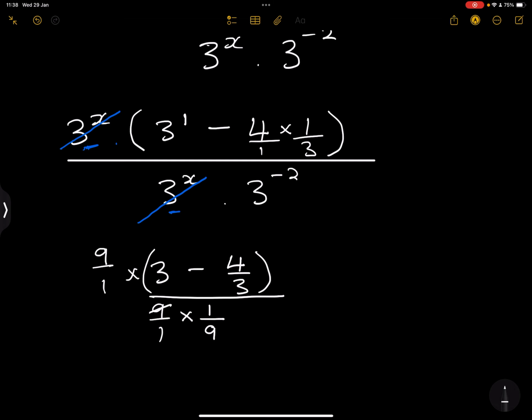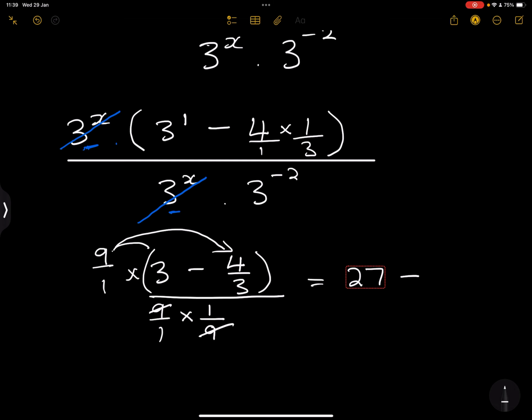So I've got 9 and 9 cancel out. Okay, 9 over 1 times 3 gives me 27. Okay, and 9 times 4 over 3 in this case. So remember, 9 divided by 3 would give me 3, and multiply that by 4.